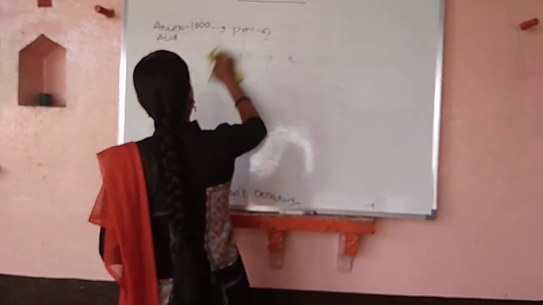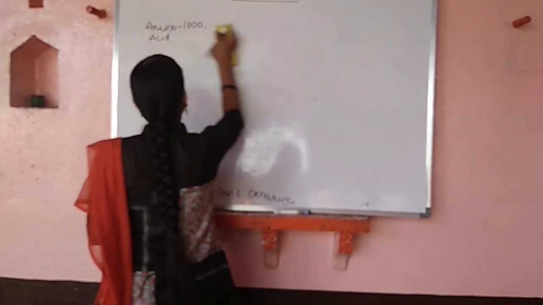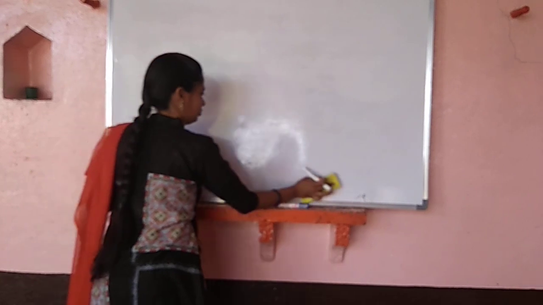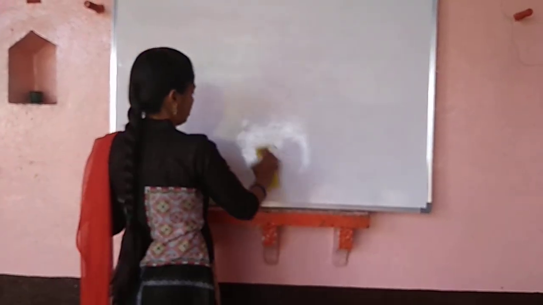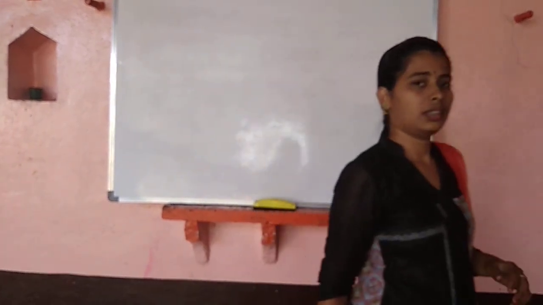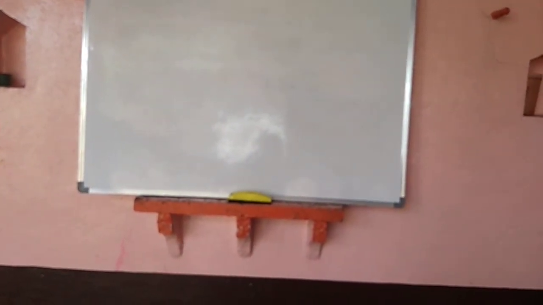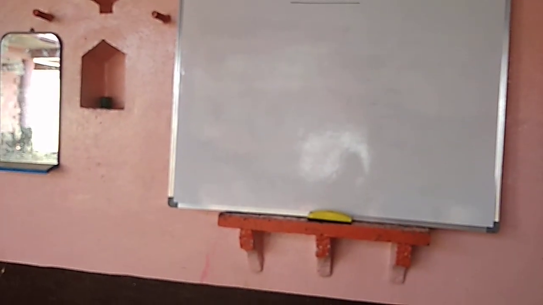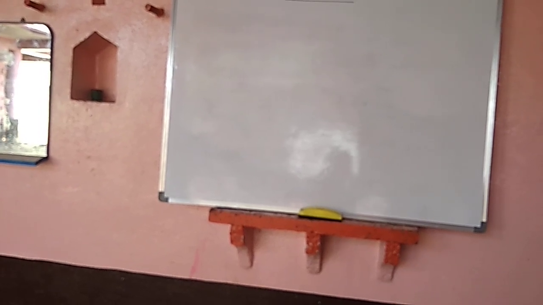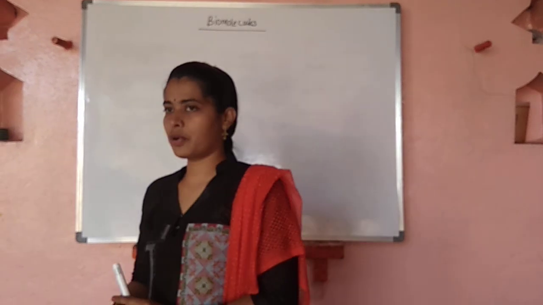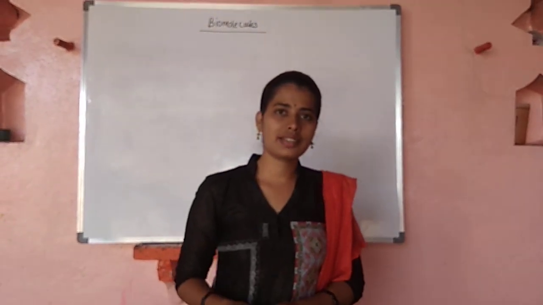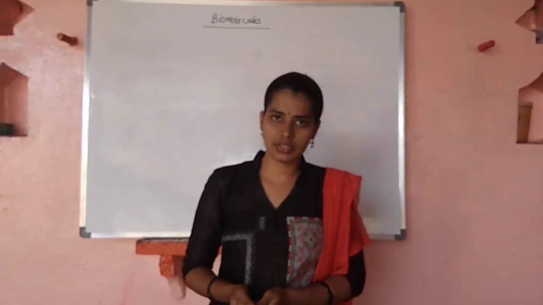So let us study the primary structure of protein, that is primary structure, secondary structure, tertiary structure and quaternary structure.